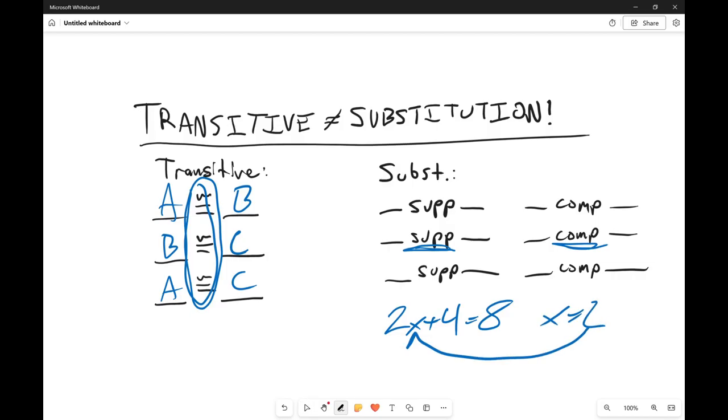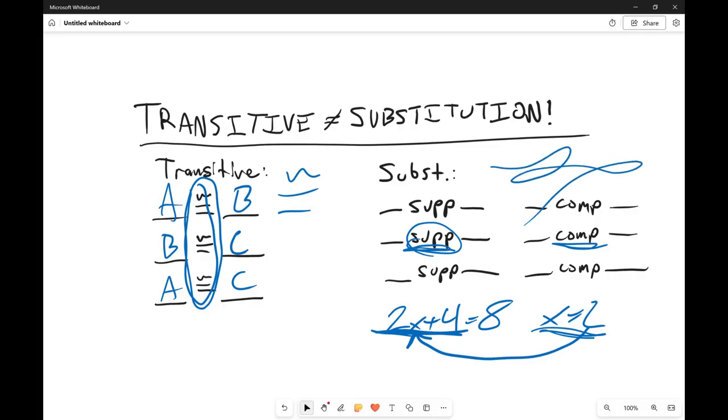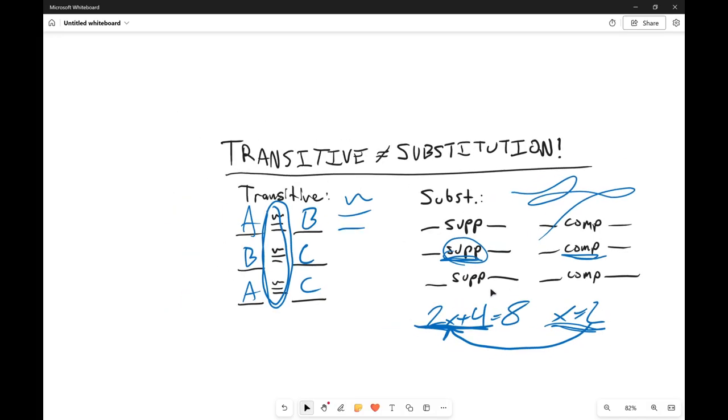You're substituting this in to a different like phrase, so to speak. So this would be like the phrase, and this is the substitution. So just remember that transitive is always a bunch of congruent signs. So it's going to be like 3, maybe less, maybe more. I don't know. I think it usually would be 3. And then substitution is like anything else. So that's just your little review on that.